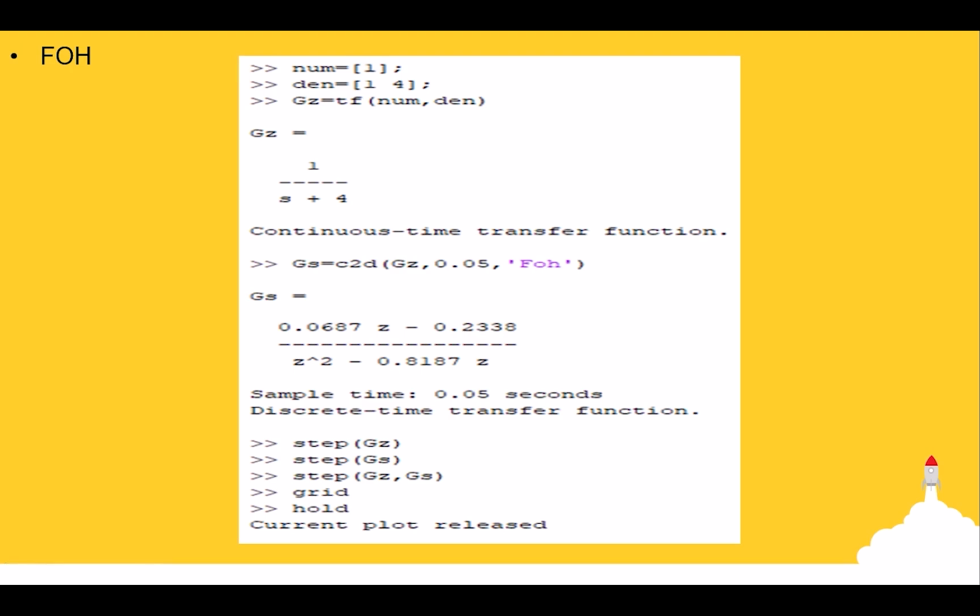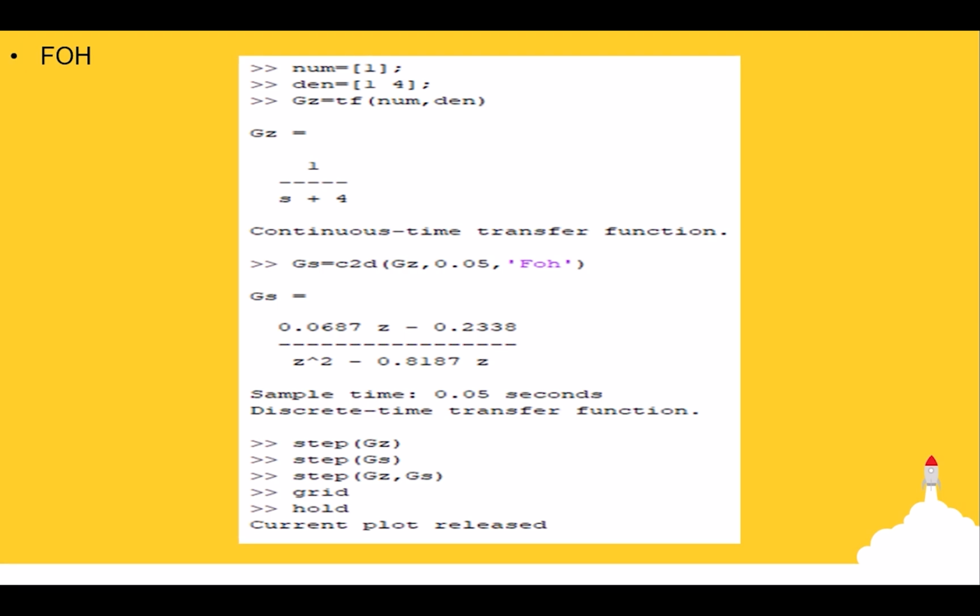Next, we move to the first order hold. As we know, first order hold is the exact discretization in the time domain for piecewise linear input. Firstly, same as zero order hold, we need to generate the transfer function, which is 1 over s plus 4, and then we generate Gz equal to c2d, and insert 0.05 for sample time and FOH for first order hold.